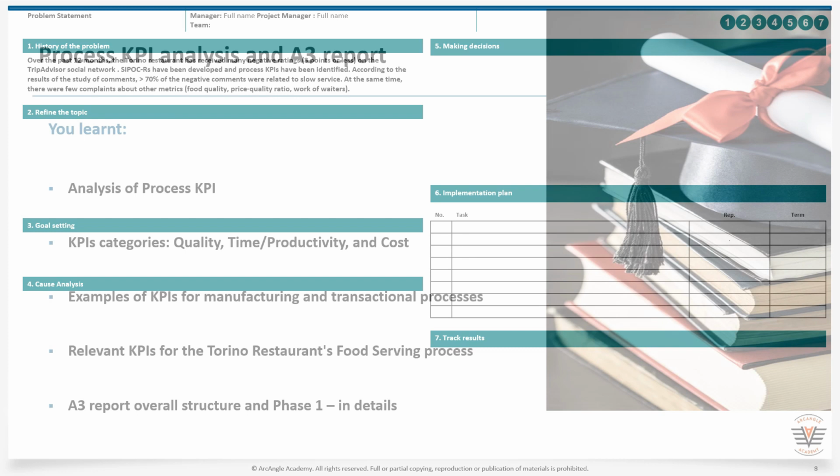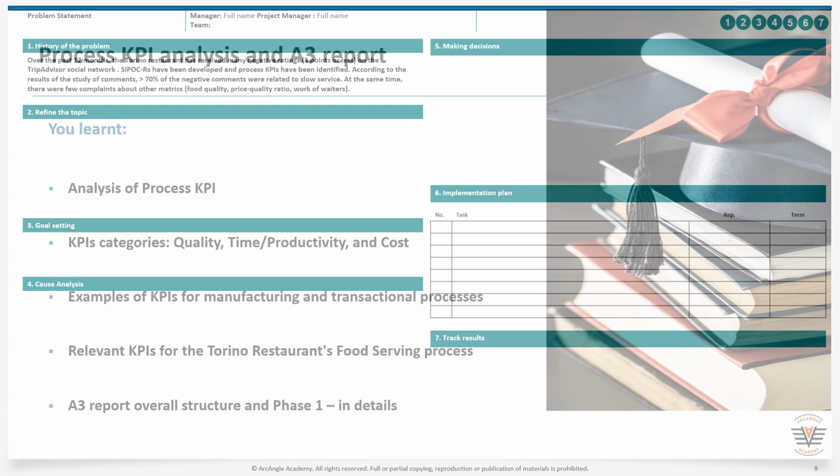This suggests that while those aspects may be satisfactory, improving service speed would significantly enhance the overall dining experience for customers. By analyzing the history of the problem and identifying the specific area of concern, the Torino restaurant can focus their efforts on addressing the issue of slow service and enhancing the overall customer experience.